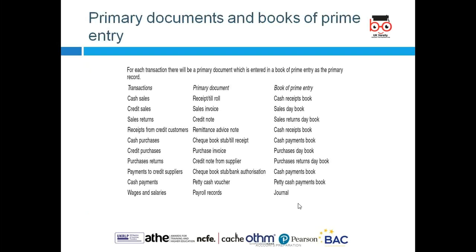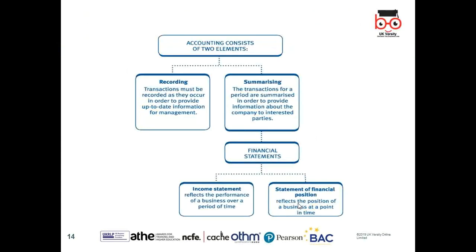Okay. Then, of course, we discussed transaction, primary document, and book of prime entry. Those also provide internal information. Accounting consists of two elements, recording and summarizing. You record transactions, and you summarize them at the end of the month.